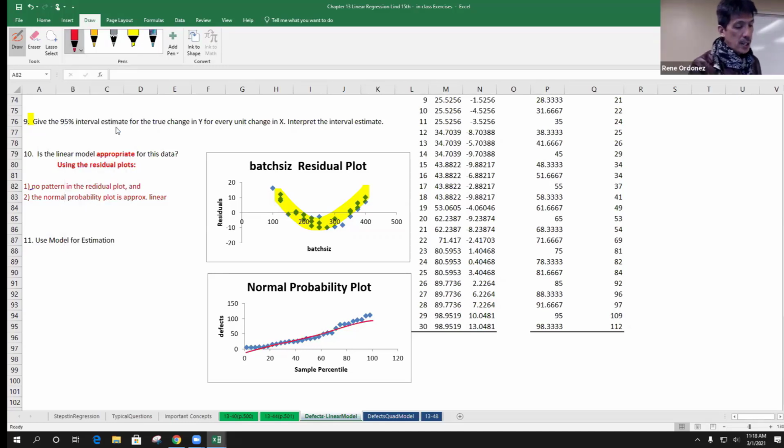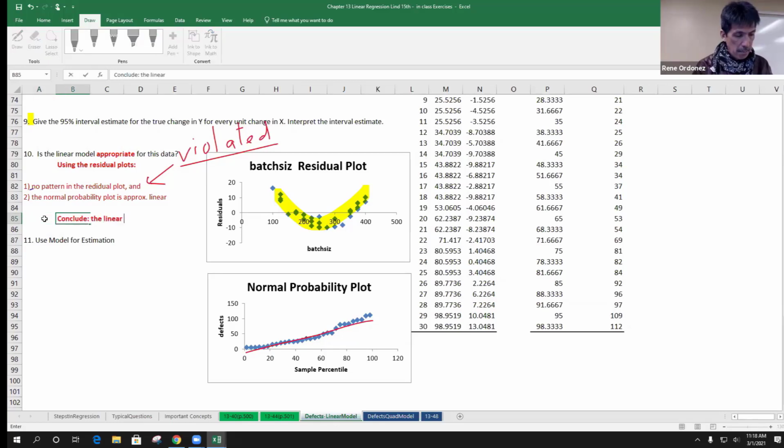But because this is violated, we will conclude this. If one or the other, meaning either number one or number two or both are violated, then we will conclude that the linear model is not appropriate.